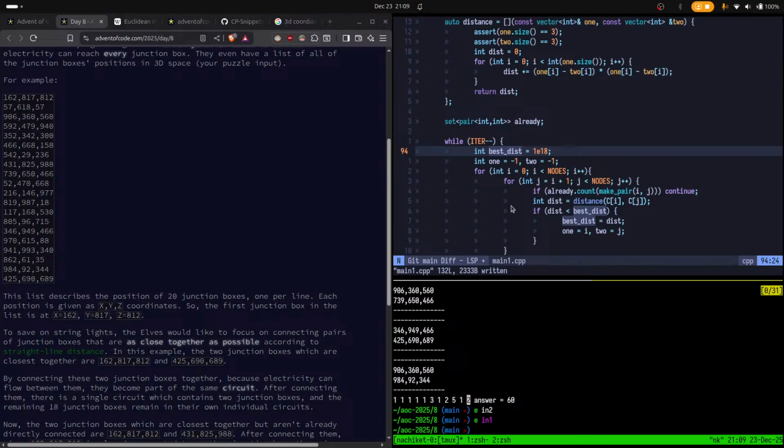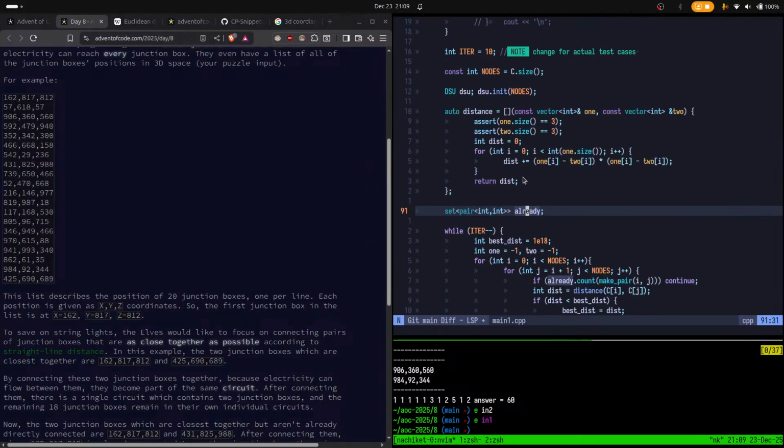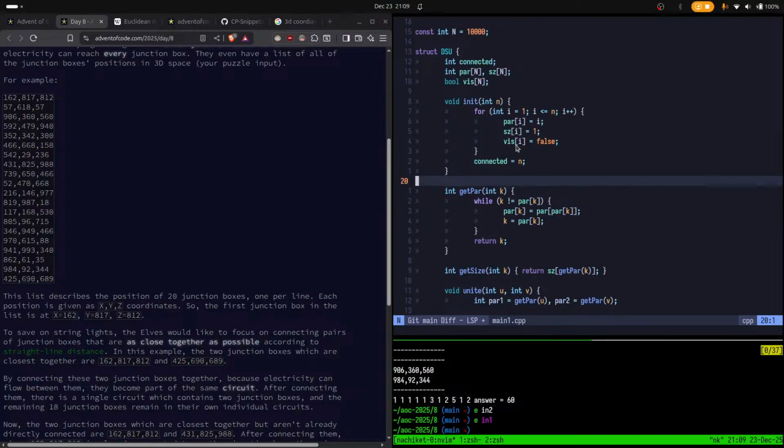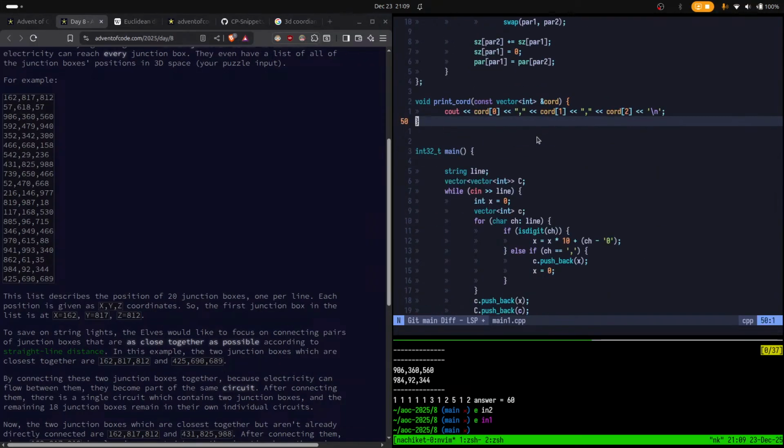I only have 19. I think it is this DSU implementation, that should be the issue.